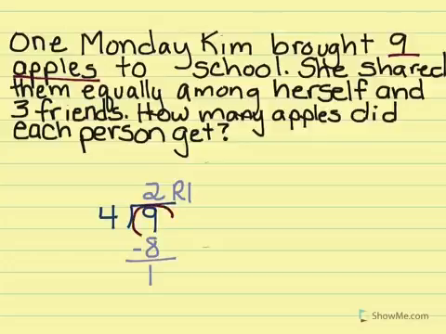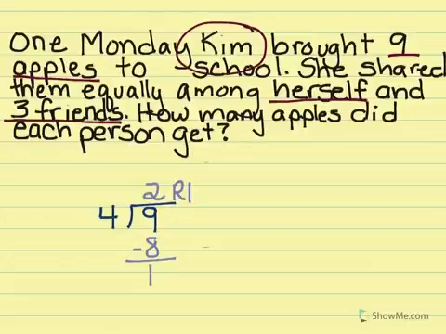So she started with 9 whole apples. Then she shared them among herself and 3 friends. So we have to include Kim plus the 3 friends, which gives me 4.